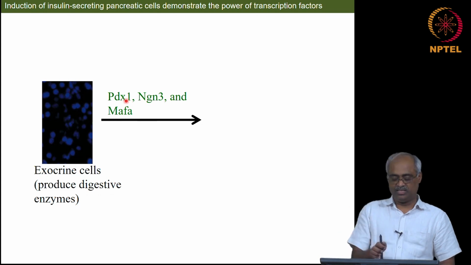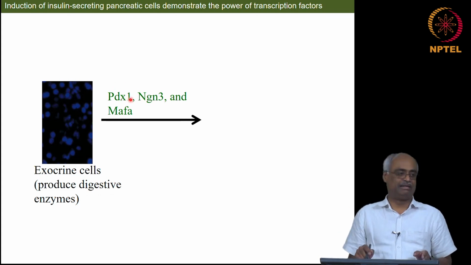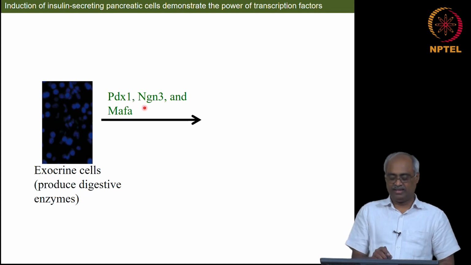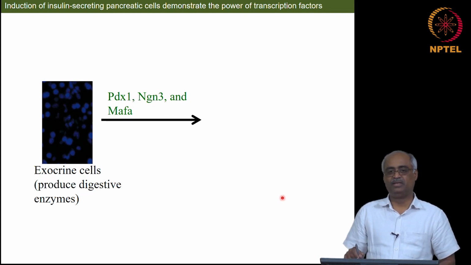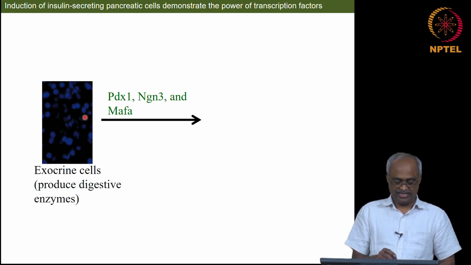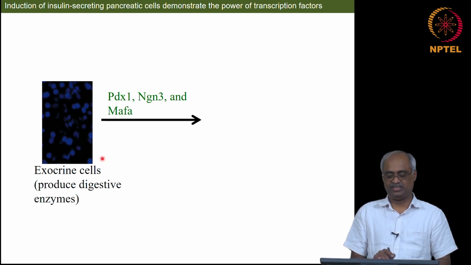In those cells, if some cells express PDX1, they set the pancreatic lineage. And in that, if you have these 2 transcription factors, they become the endocrine cells of the pancreas. Now, here you have taken exocrine cells. This is in an organism, okay, it is not in in vitro cell culture.